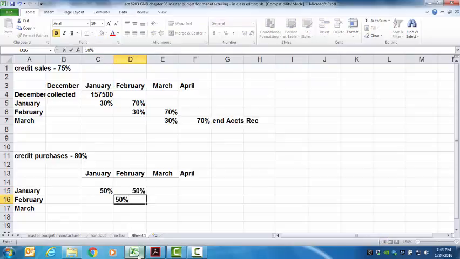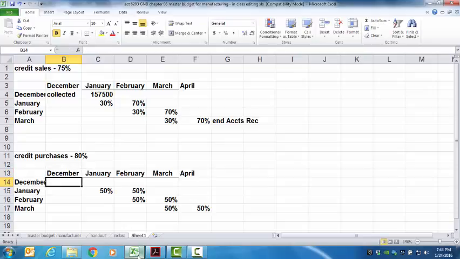And for February's current, I'll do 50% in February, 50% in March, and so on down the line. And that means another half will carry over into April. So just like we saw before, we have two pieces in each month, and that means I'm missing something over here in January. And of course, this would have been values that were stemming from activity in December.